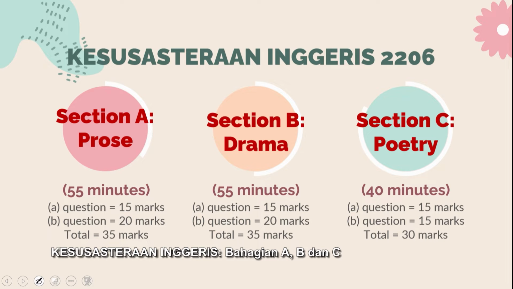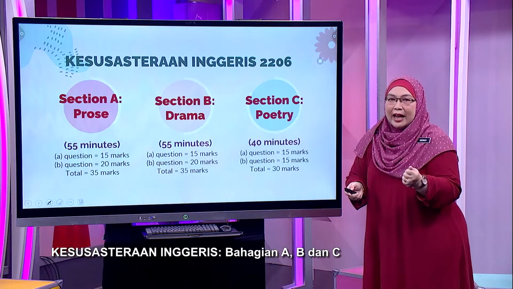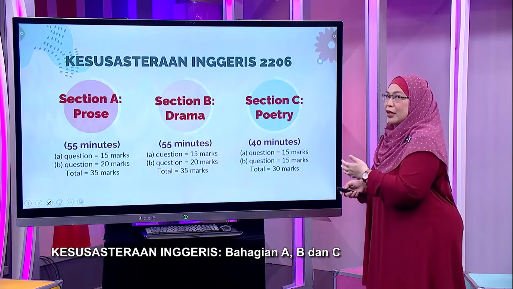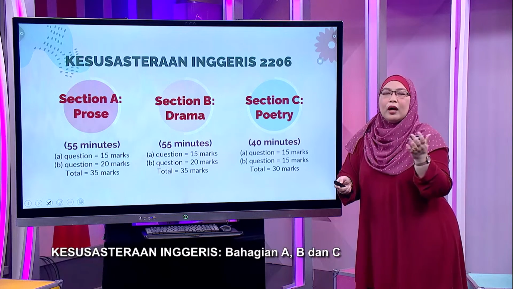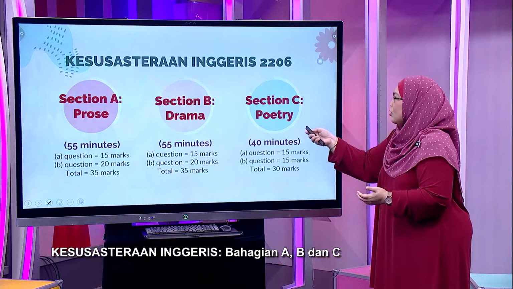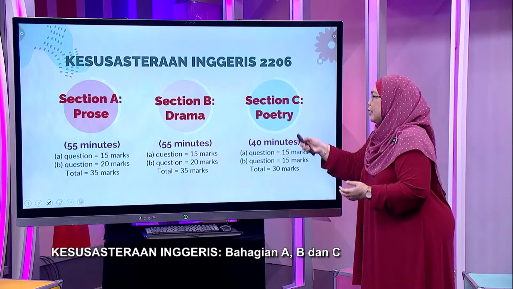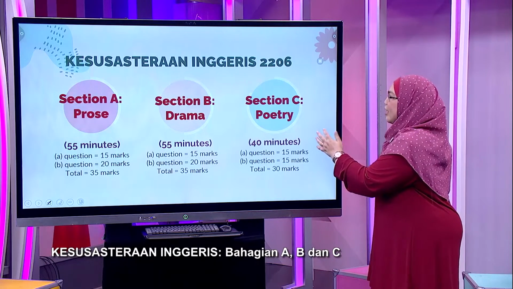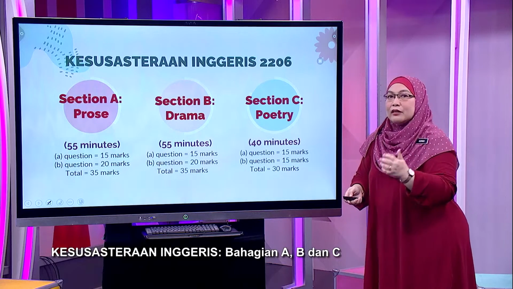Now, we're going to look at the next slide here, and this is perhaps my first takeaway for today's lesson. By all means, please remember time management. The candidates only have from 8 to 10:30, which is less than 2 hours and 30 minutes. How much time shall we spend on each of these questions? Section A and section B, prose and drama, are both made up of 2 questions, 15 and 20 marks.